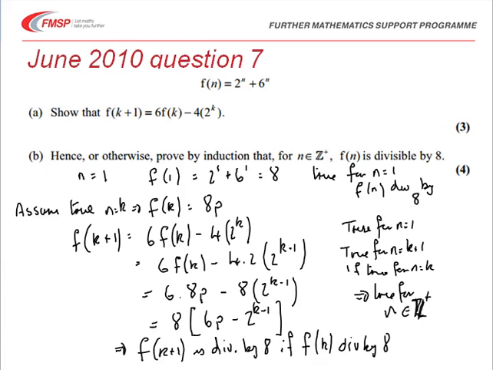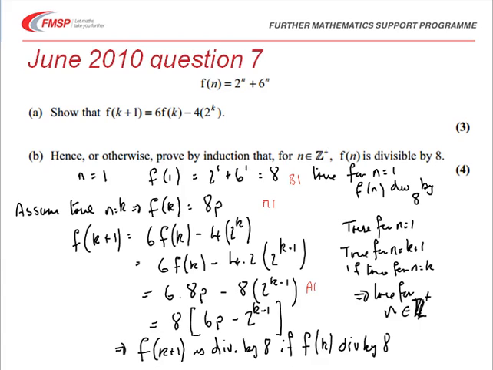There were 4 marks available for that. A B1 mark for this first statement of true for n equal to 1. A method mark for using the idea that f of k was equal to 8p. An A mark for getting down to this stage here.